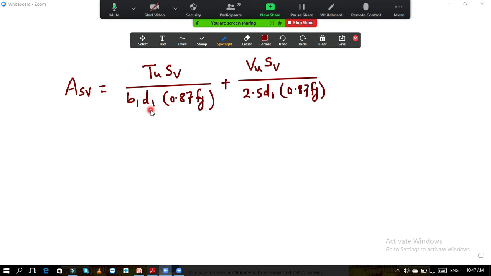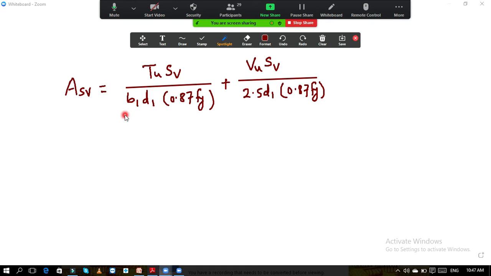Then B1 is the horizontal center to center distance between the reinforcement, and D1 is the vertical center to center distance between the reinforcement. I will explain what B1 and D1 are while solving the numericals when we come to that part.